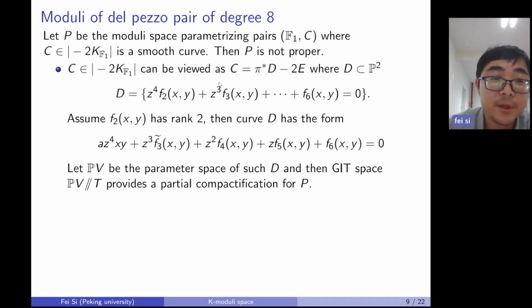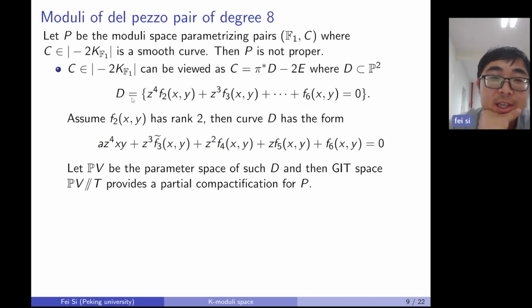If you view this curve as a curve coming from P2, then the curve on P2 will be a plane sextic curve. It will look like this if you take the blow-up of P2 at the point (0,1,0).